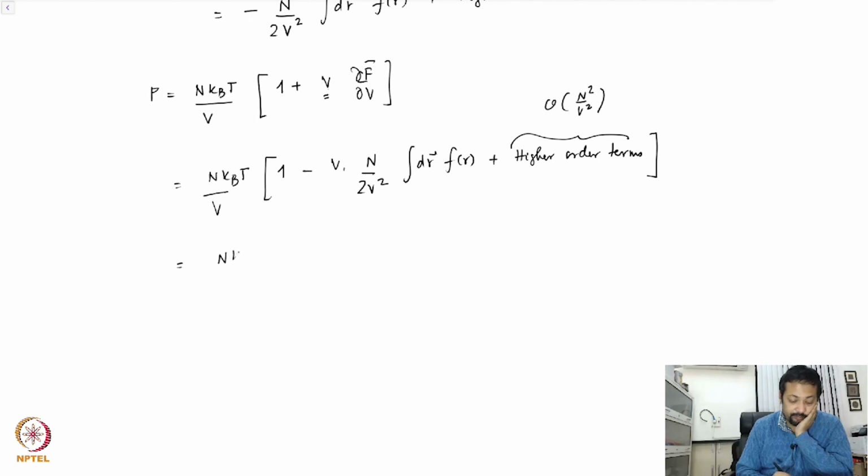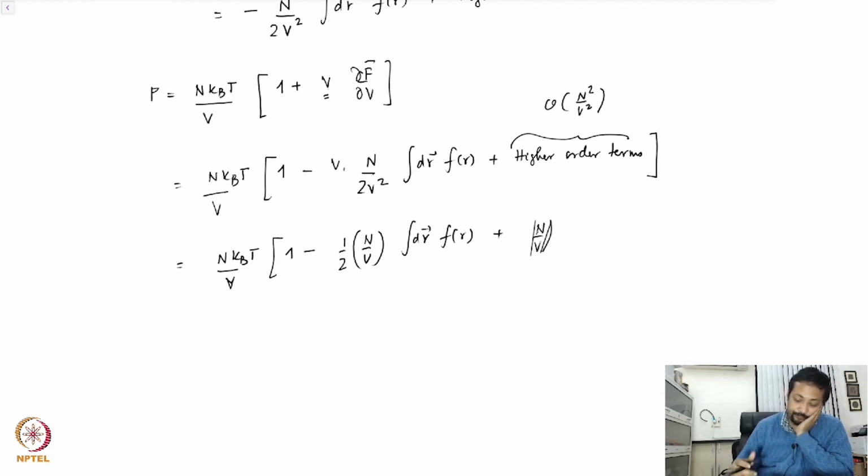So then we have N kB T over V times 1 minus half N by V times ∫dr f(r) plus N by V whole square plus terms which are on the order of N square over V square.